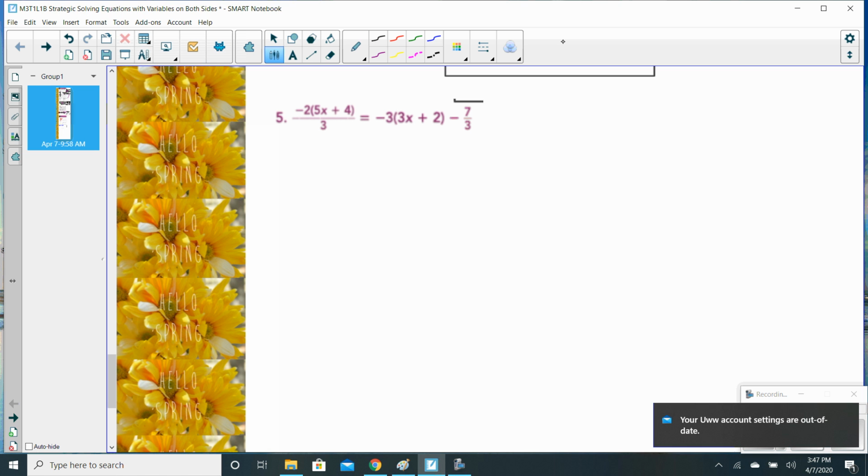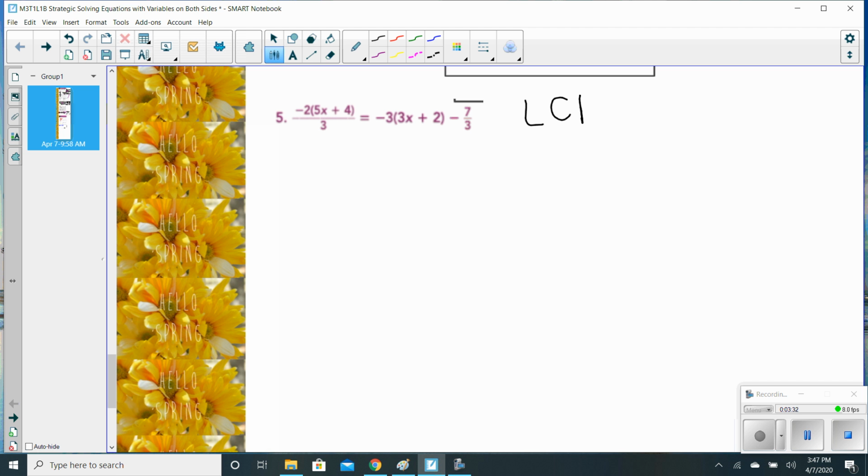So number 5, if you're looking here, you're going to see that we have 3 and 3 in our denominator. And because of that, I'm going to say that our LCD is 3. So in order to get the 3 out, I need to multiply everything on both sides by 3.